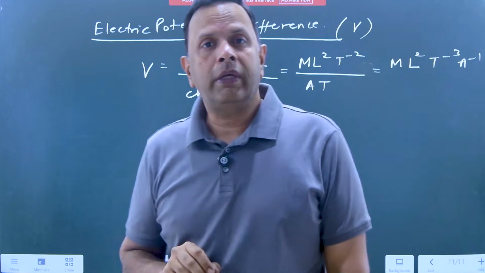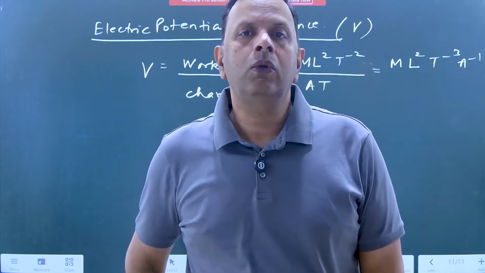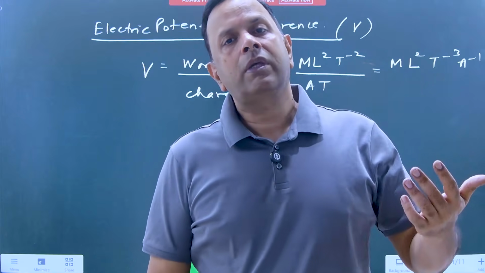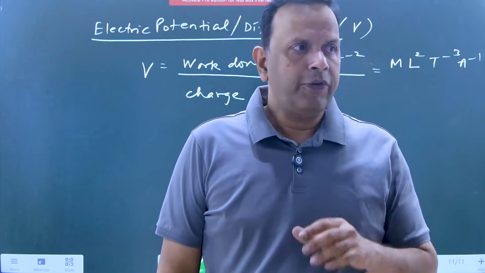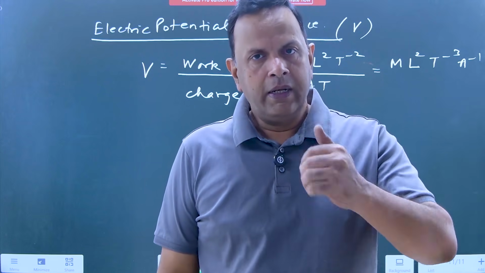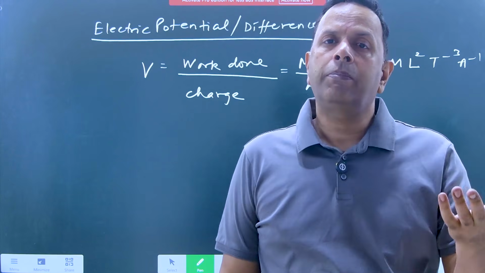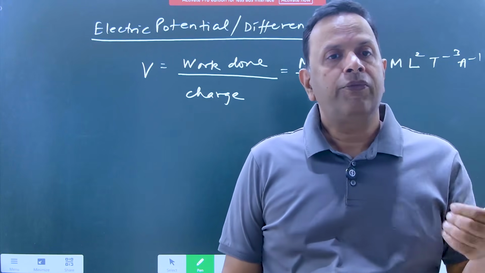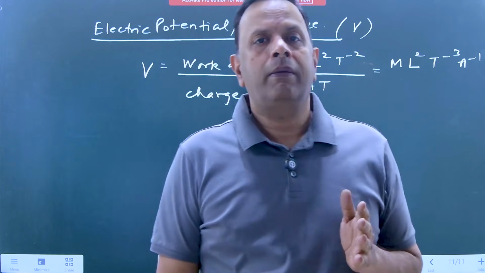A was not there. If A was not there, then you can conclude that all those physical quantities don't care about the current. If a force is exerted, whether current is present or not present during the exertion, it doesn't matter. If work is done, whether current is present or not present, it doesn't matter.